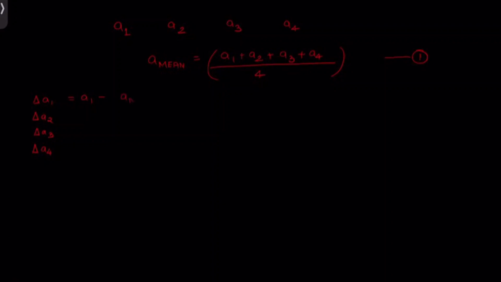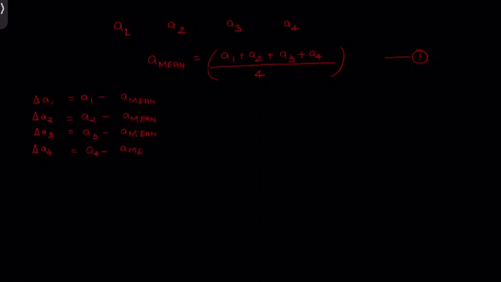Let me use directly A mean only. So this will be A1 minus A mean. Similarly, delta A2 will be A2 minus A mean, delta A3 will be A3 minus A mean, and delta A4 will be A4 minus A mean.